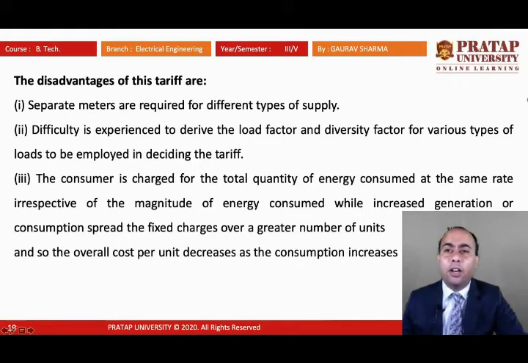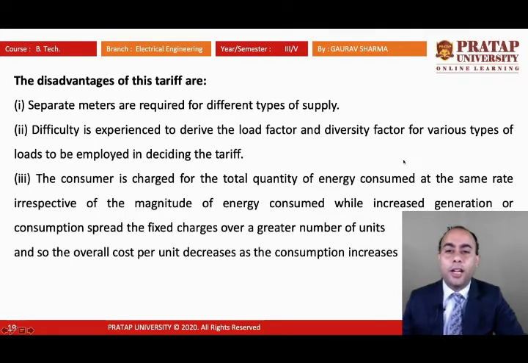The disadvantages of this tariff are that separate meters are required for different types of supply. Difficulty is experienced in deriving the load factor and diversity factor for various types of load to be employed in deciding the tariff.